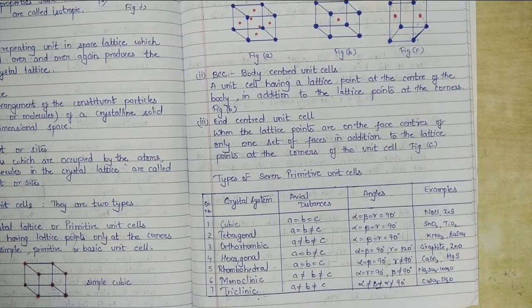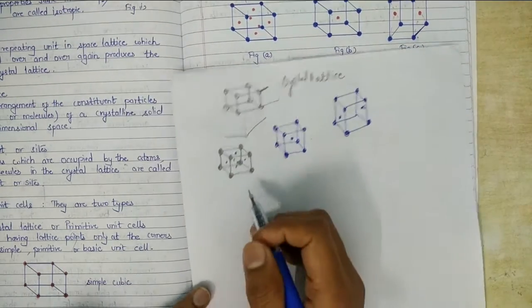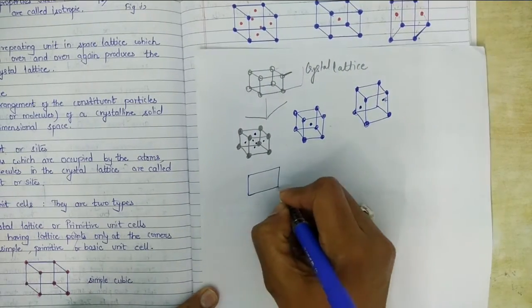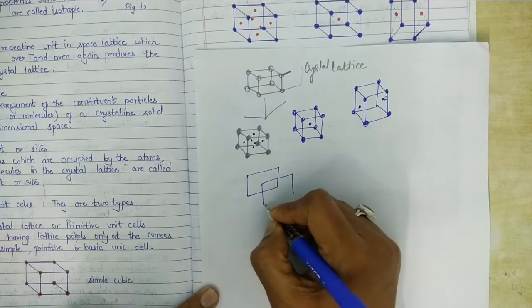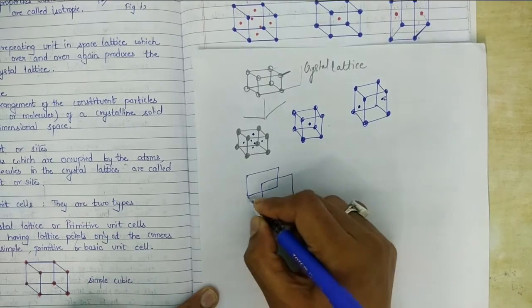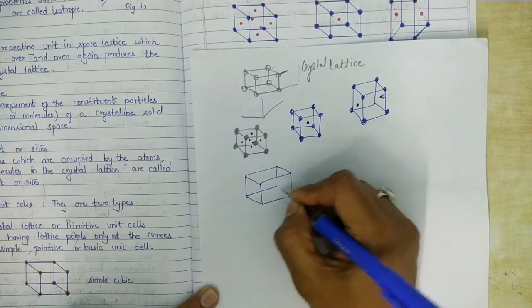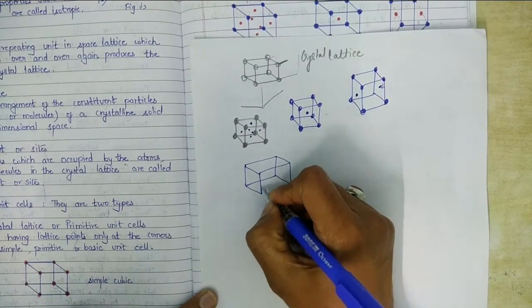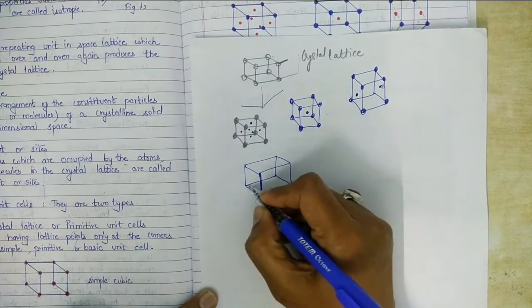Now what are the axial distances and angles? So let us study this. Now, if we make a cube, a simple unit cell, these are the edges.